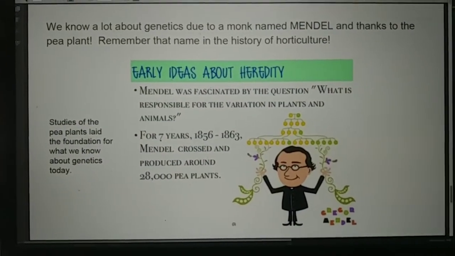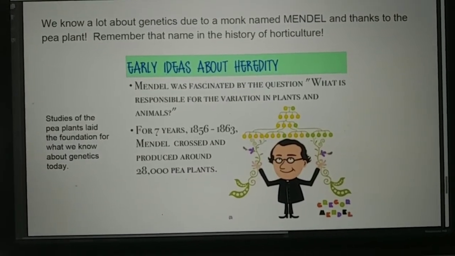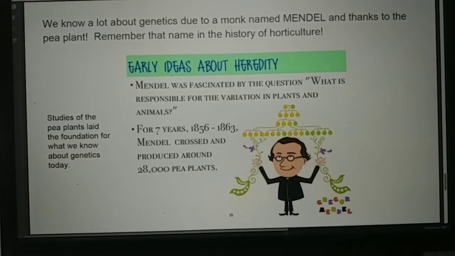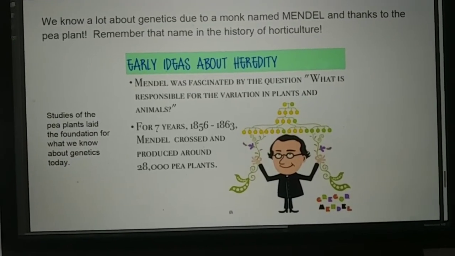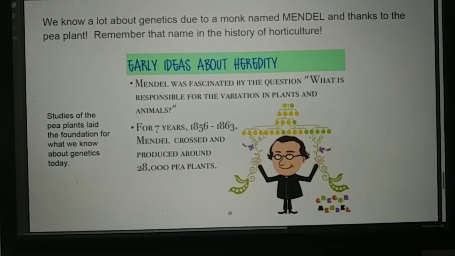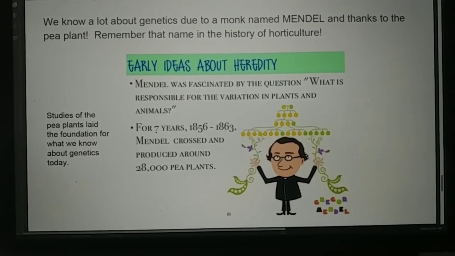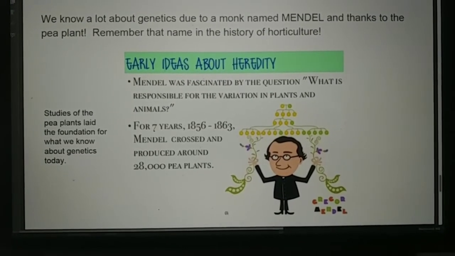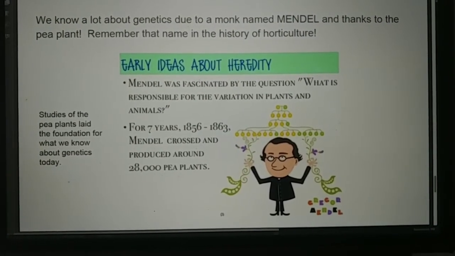So there was a guy named Mendel, and he was a monk who was very interested in pea plants, which got him interested in genetics when he started seeing that if he would breed different peas together, sometimes a hidden trait would come out. So that's how he knew that there were things like recessive and dominant.